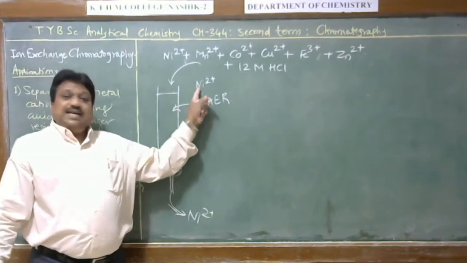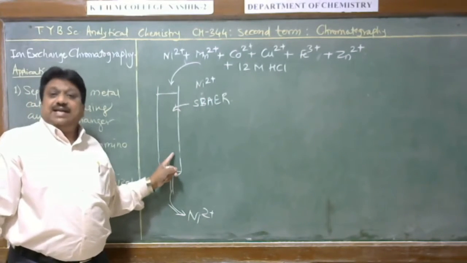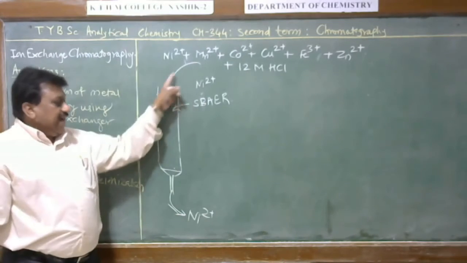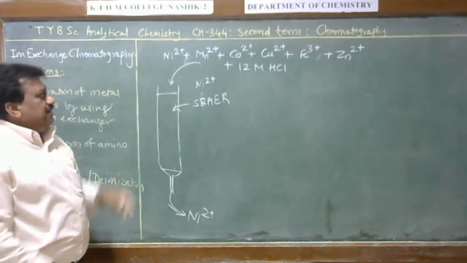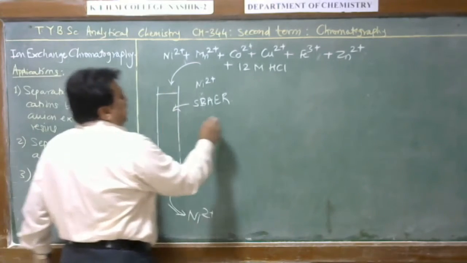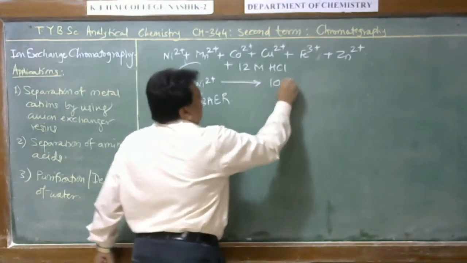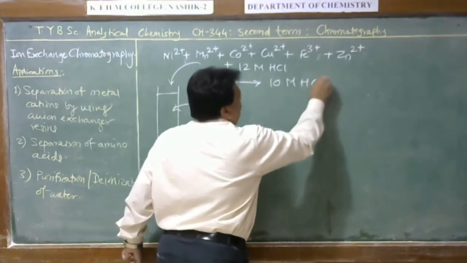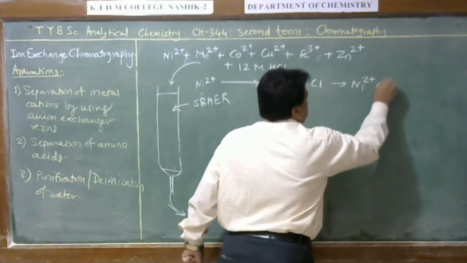It is present in a cationic form. Cationic form does not adsorb on the anion exchanger resin, therefore it is directly given out through the column. Therefore, after loading the sample, we carry out the elution process by means of 12 molar HCl, where nickel gets eluted.